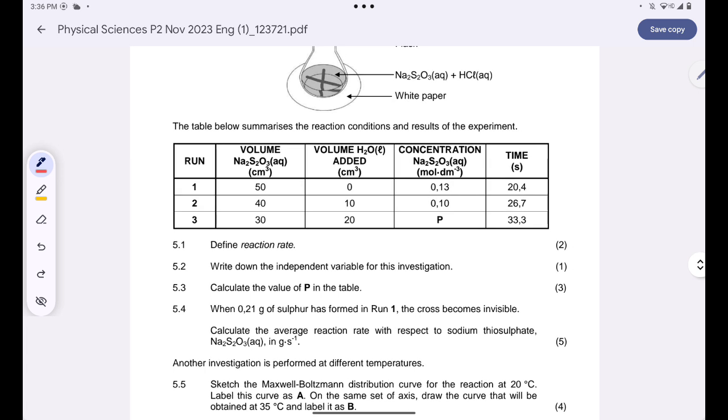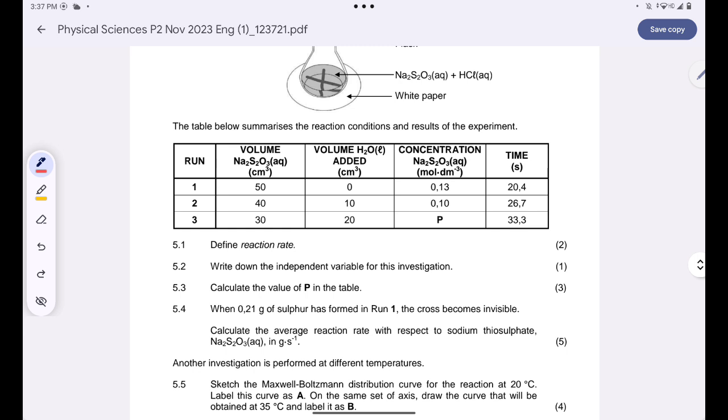Okay, so now I'm told to calculate P in the table. How can I do that? P, I know that is the concentration of my sodium thiosulfate after it has been diluted by 20 cubic centimeters of water. Are you together? But remember that they are just using the same sodium thiosulfate, but now with a lower volume.